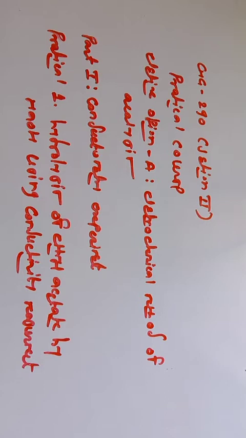We are very much familiar with this instrument, and the first practical is the hydrolysis of ethyl acetate using NaOH. It is hydrolysis of ethyl acetate by NaOH using conductivity measurements. We already performed this experiment in SY BSc, that is acid catalyzed ester hydrolysis and base catalyzed ester hydrolysis.